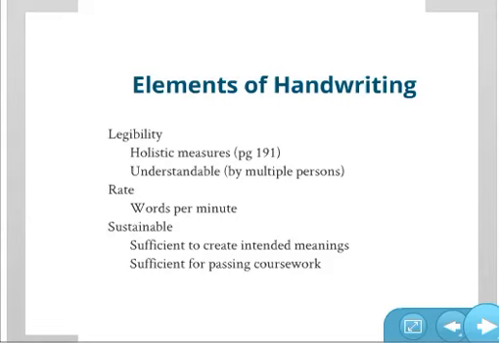Dr. Nancy Mather, in her texts, also has some great measures for alternate ways to look at the production of handwriting, or the scoring of spelling and other writing tasks. And then sustainability, that just means being able to stick it out. So kids who have vitality problems are going to have a difficult time writing pieces by hand that are long enough that will fit their needs.